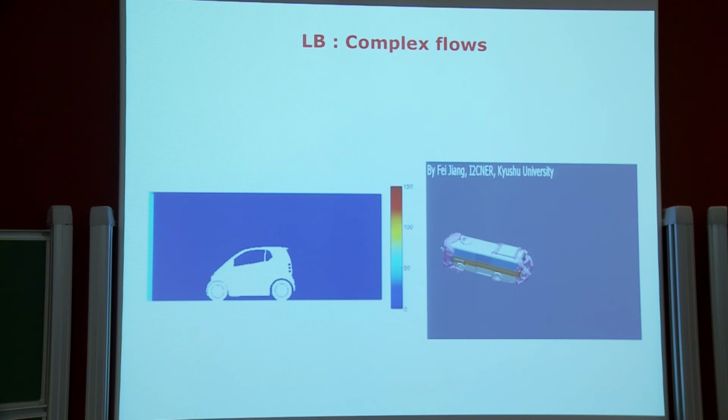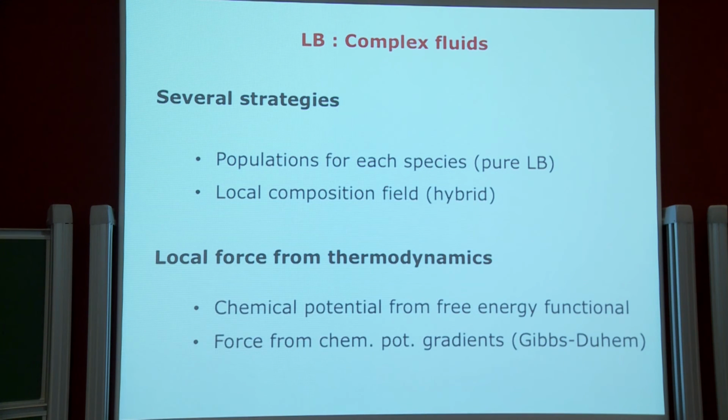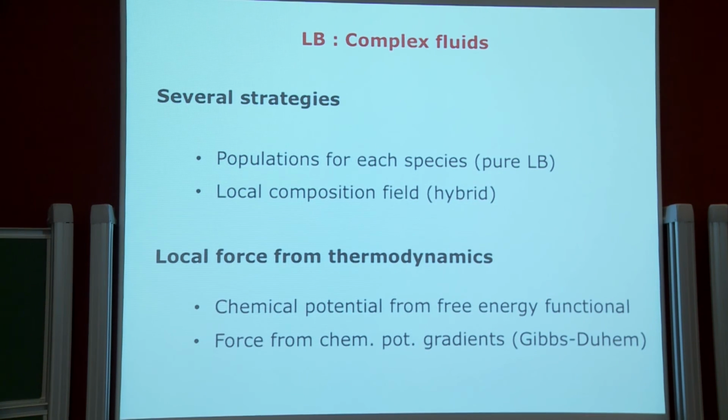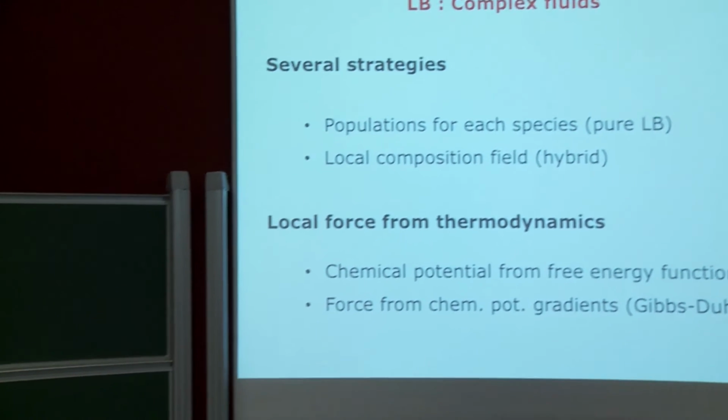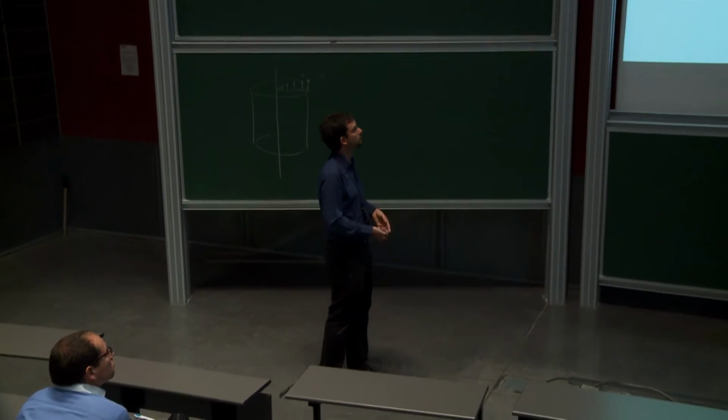Okay, so now briefly, I'm going to show you a few examples of things that can be done when you have more complex fluids. For example, working with binary mixtures or ternary mixtures, or when you have particles, a mixture in a porous medium, or when you have particles with a mixture.